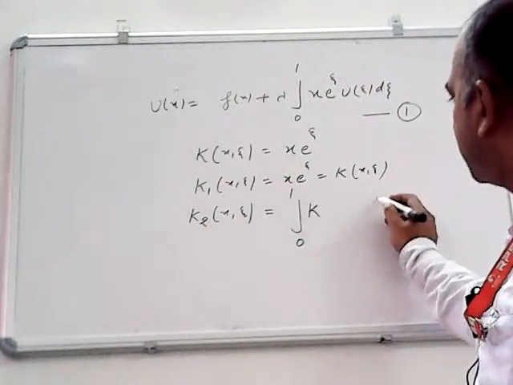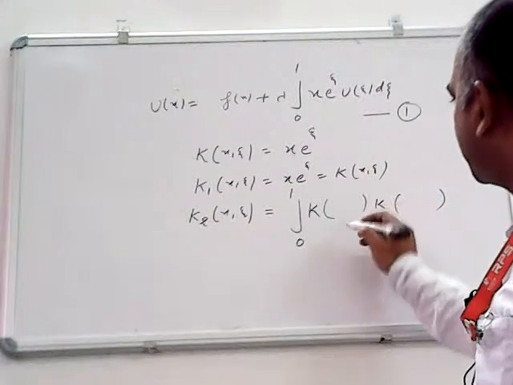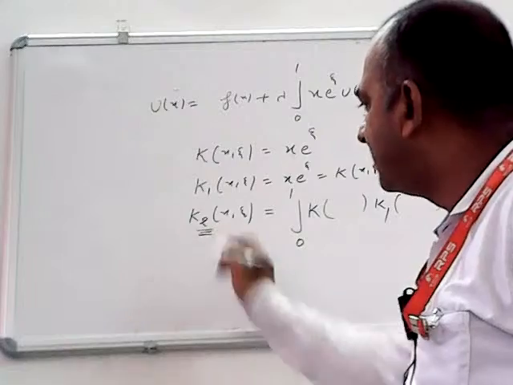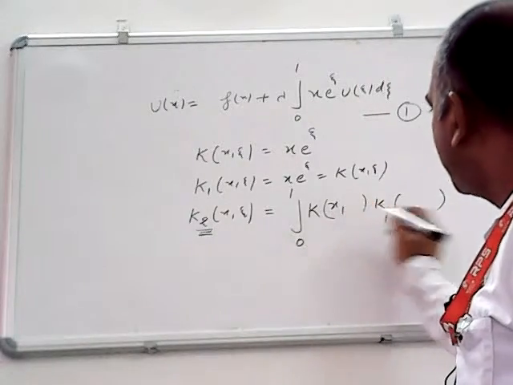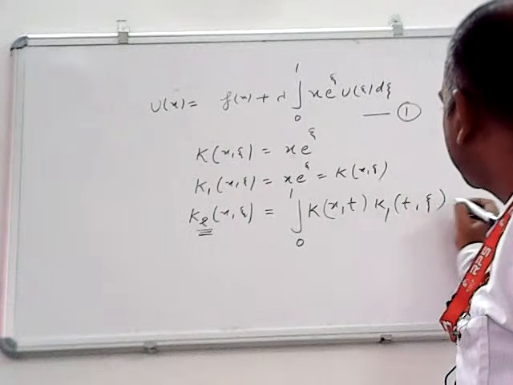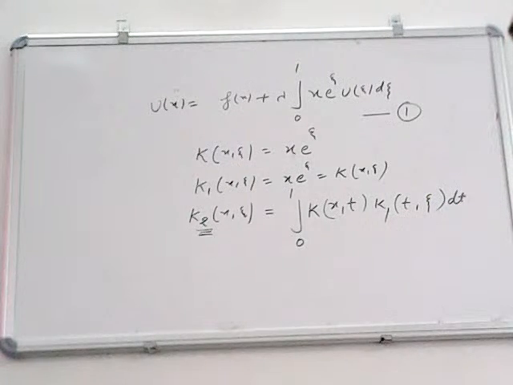Now for the calculation of K2(x, xi), the formula is integral from 0 to 1 of K1(x, t) K(t, xi), taking the variable t and integrating with respect to t. We can easily calculate its value.